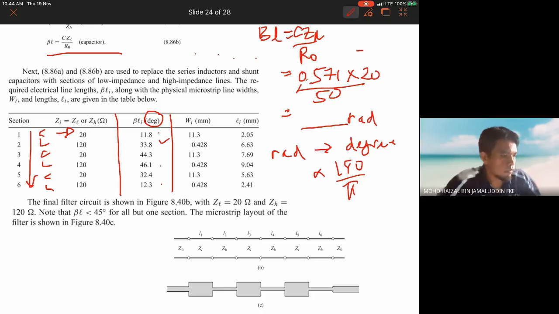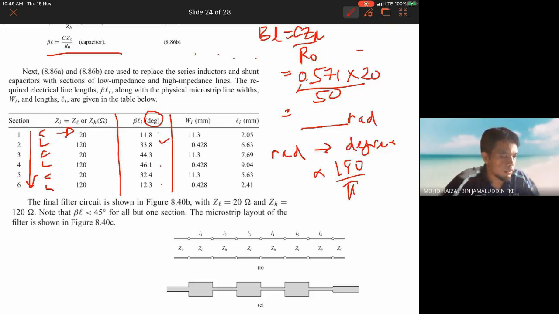So next step, you have determined the Z impedance and the electrical length in degrees. Now what you want to do is to calculate the width and length of the transmission line, or the microstrip layout.